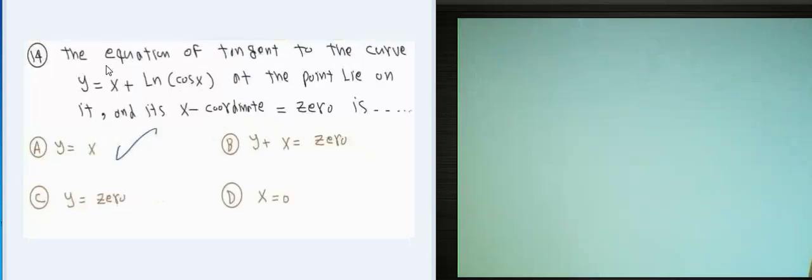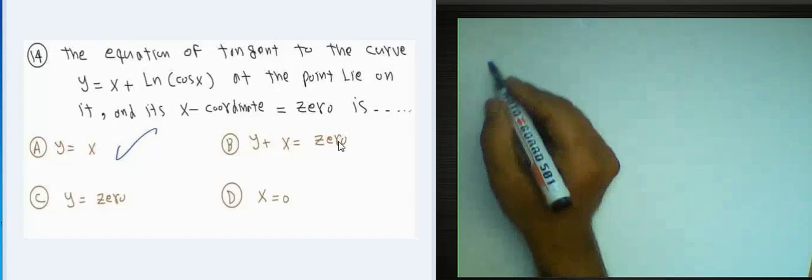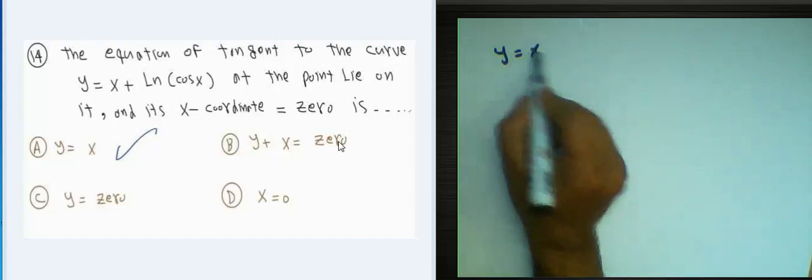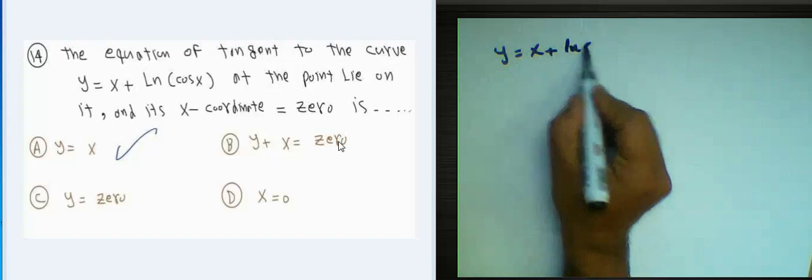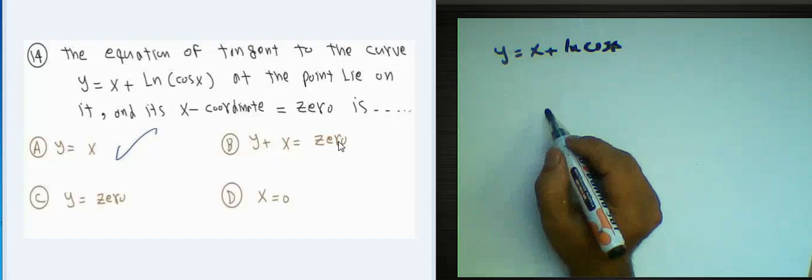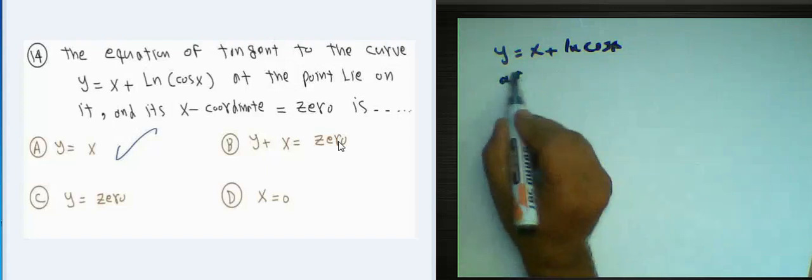Question 14. The equation of the tangent to the curve y equals x plus ln cosine x at the point that lies on it, and its x coordinate equals 0, is blank. He gives us in this example y equals x plus ln cosine x, and the point lies on it when the x coordinate equals 0.